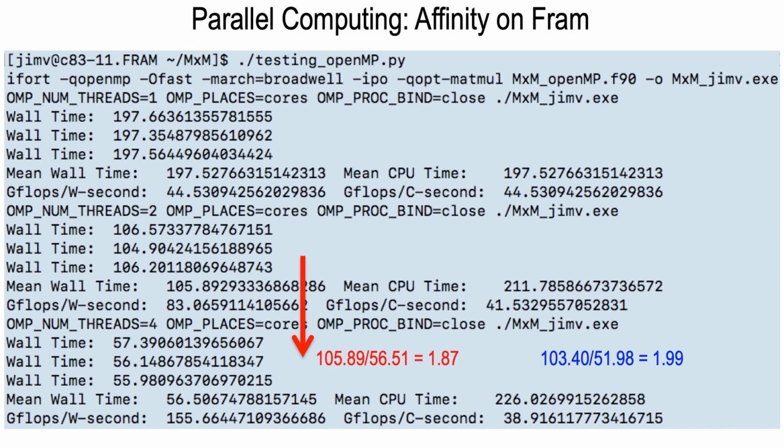Moving on to the transition from 2 to 4 threads, we witness a speedup of around 1.87 with close binding affinity. However, utilizing spread binding demonstrates better performance, achieving a speedup of approximately 1.99. The results for the other thread numbers are not displayed here, but they will be included in the figure generated using matplotlib.